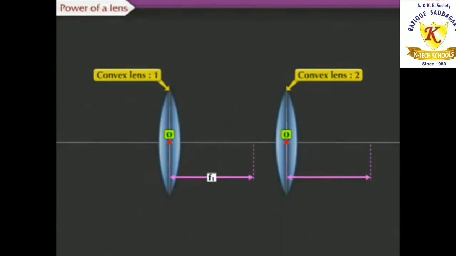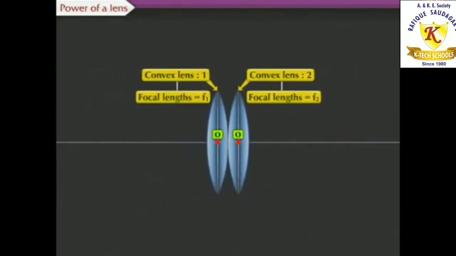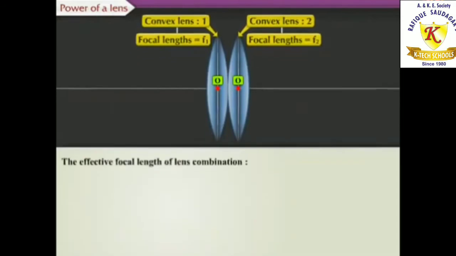If two lenses with the focal lengths f1 and f2 are kept in contact with each other, the effective focal length of the lens combination is given by 1 upon f is equal to 1 upon f1 plus 1 upon f2.